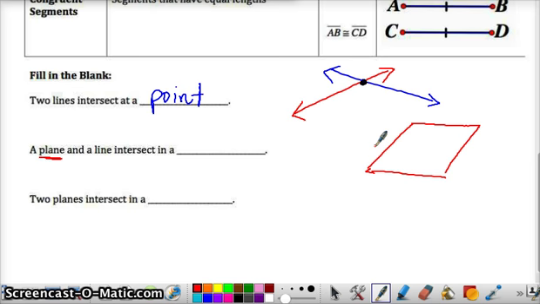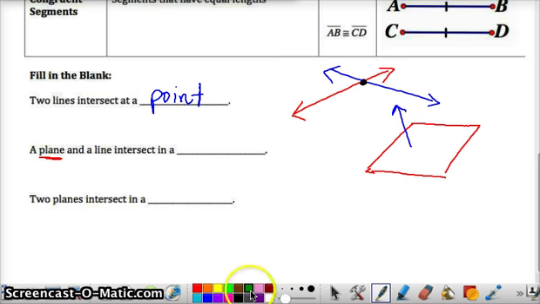That's a plane. We draw them kind of looking like a parallelogram. It's a four-sided quadrilateral. We have to show it. We have to draw a plane, so we have to have it have edges, even though a plane does not have edges. And then if we're drawing a line to go through that plane, or to intersect the plane, I should say, then we have it intersect.